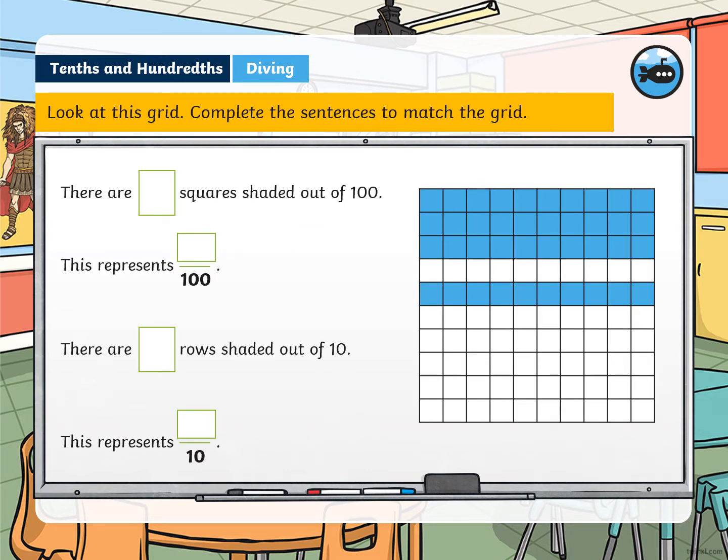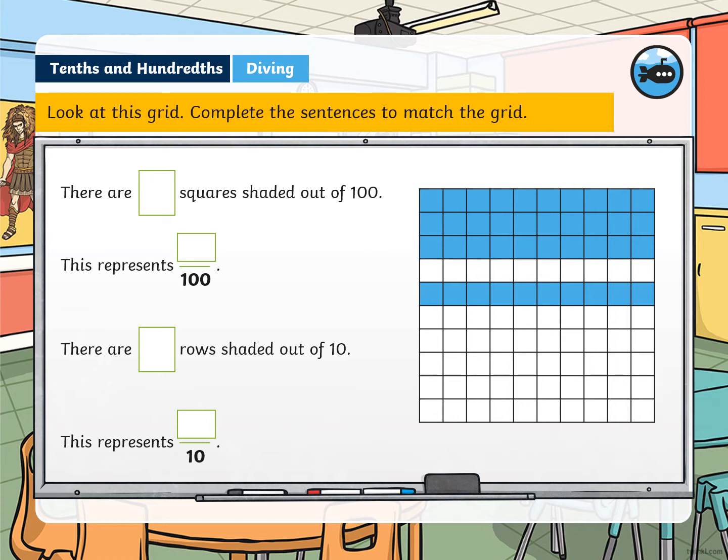Okay, have a little look at this grid and we're going to complete the sentences below to match the grid. So there are, how many squares shaded? Well, I know that each of those rows represent 10. So I'm just going to count them. I've got 1, 2, 3, 4 rows of 10.